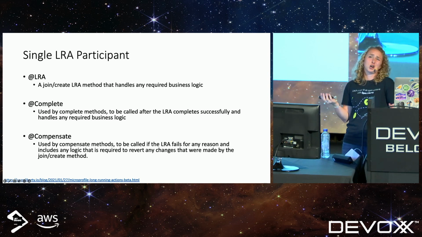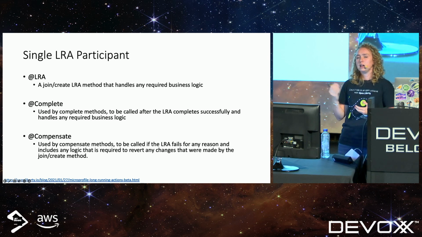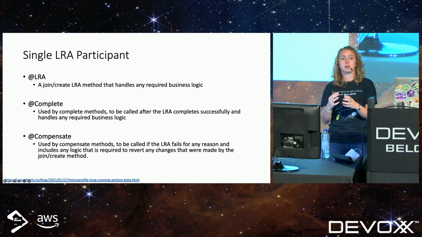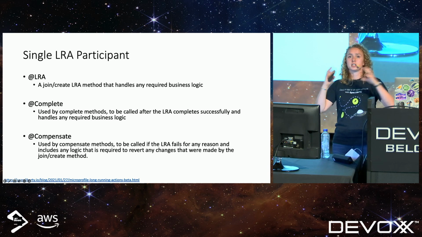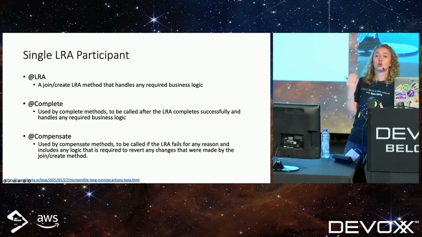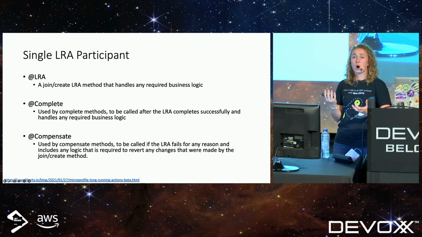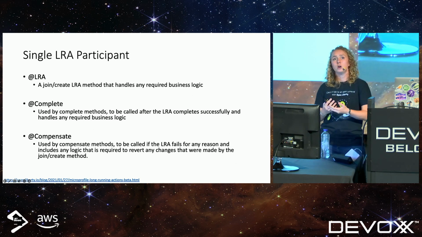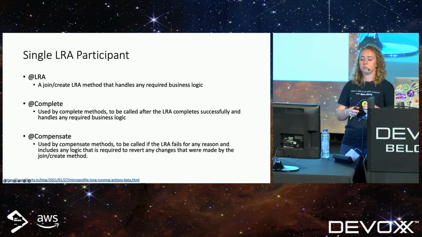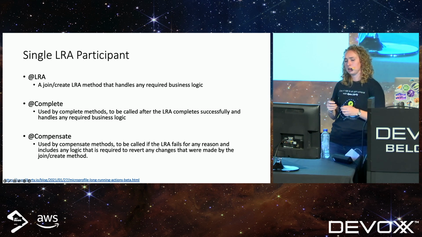And as the names kind of suggest, @complete is essentially any business logic that needs to be completed if the transaction is successful, and @compensate is that compensating action that I mentioned. So what happens if the transaction isn't successful and we need to then compensate and use those compensating actions? So that's the business logic there.